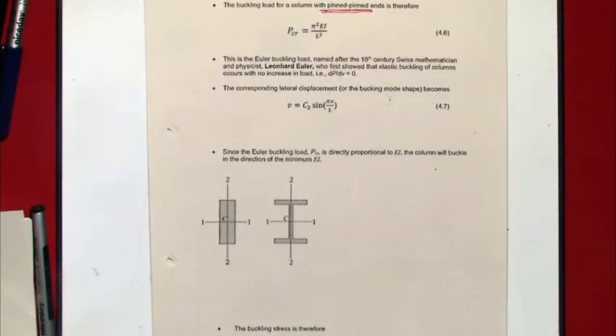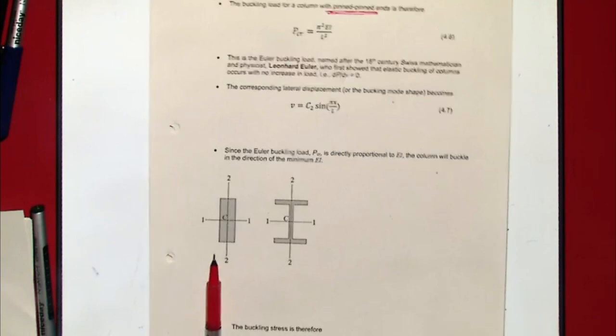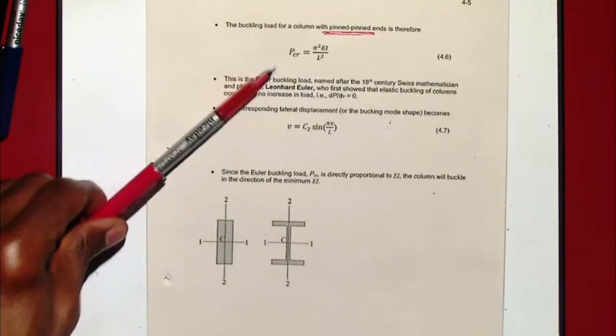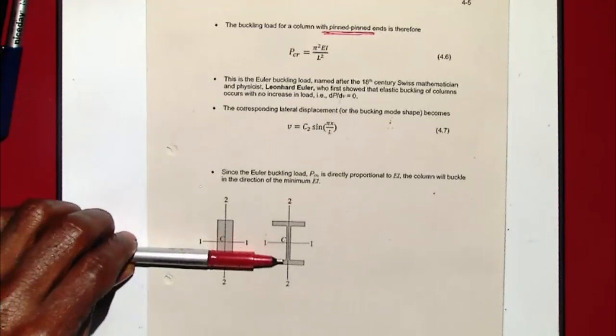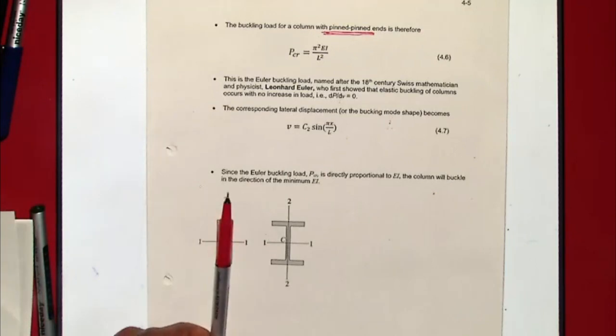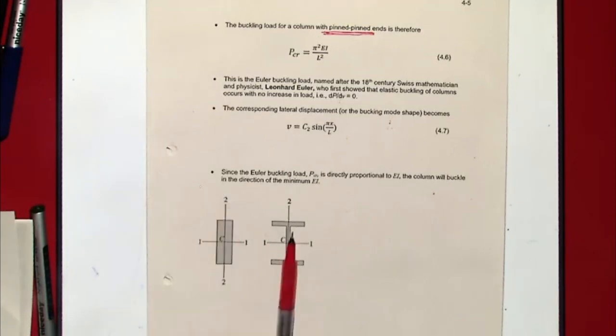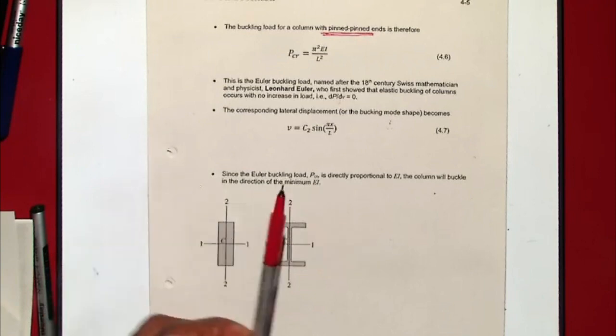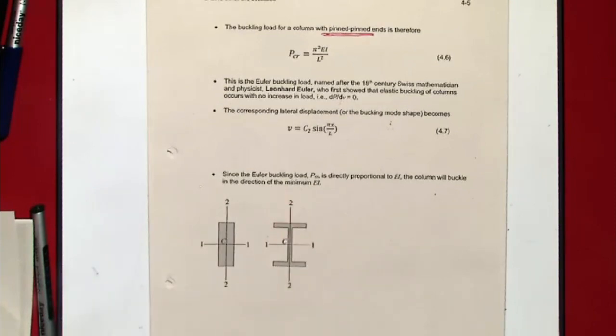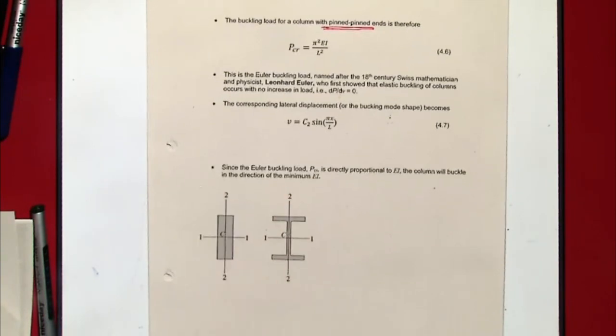If I have a cross section which is like this, the question we will normally ask is: we know this is the load that will cause that failure, but in which direction will it bend? Will it bend about that axis, or about that axis? The same for an I-beam: will it bend about this, or about that? Because the bending could be this way, or it could be that way.